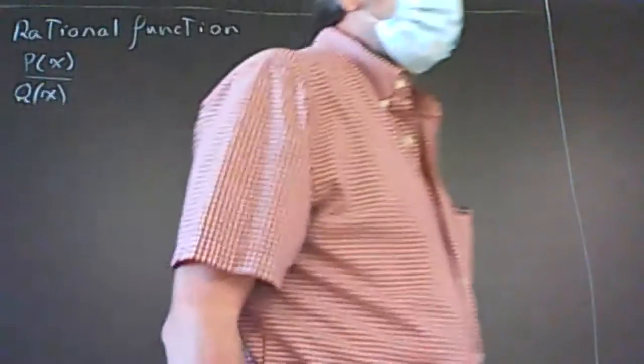Anyway, a rational function is a function of the form of division of two polynomials. Consider two polynomials. We talked about polynomials last time. So we have the division of two polynomials, which is a rational expression.